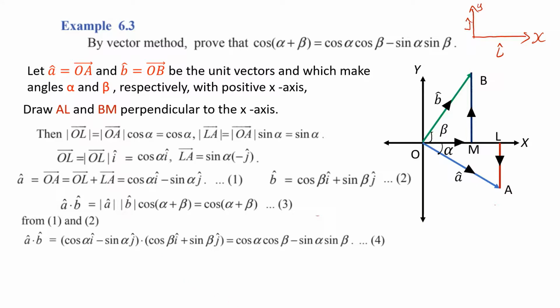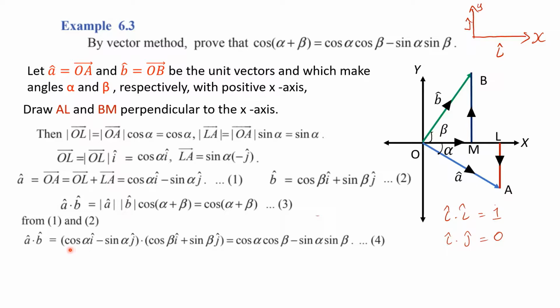Now we know that i cap into i cap is equal to 1, and i cap into j cap is equal to 0. So you will end up with just 2 terms, because i cap into j cap will become 0 and j cap into i cap will become 0.